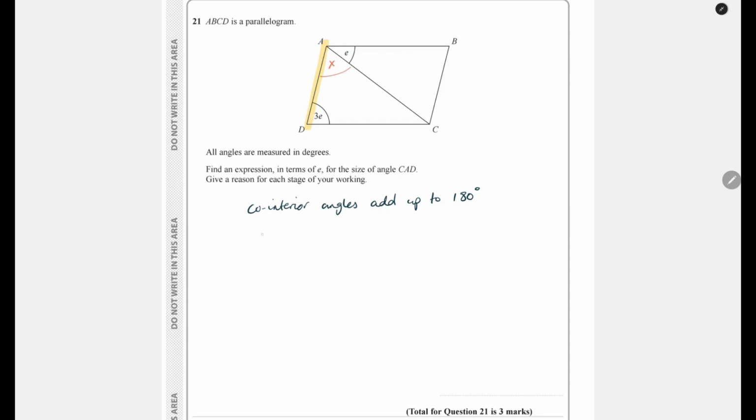Well, that's going to be 3E plus E plus X is equal to 180. Now we can rearrange this to get X as the subject. So X is equal to 180 minus 4E. And that is our expression.